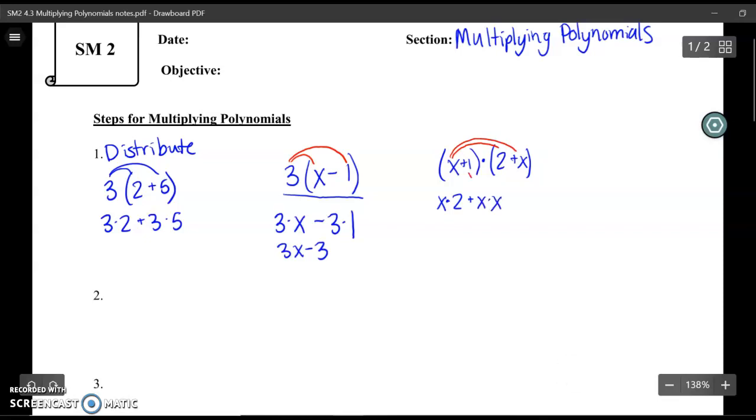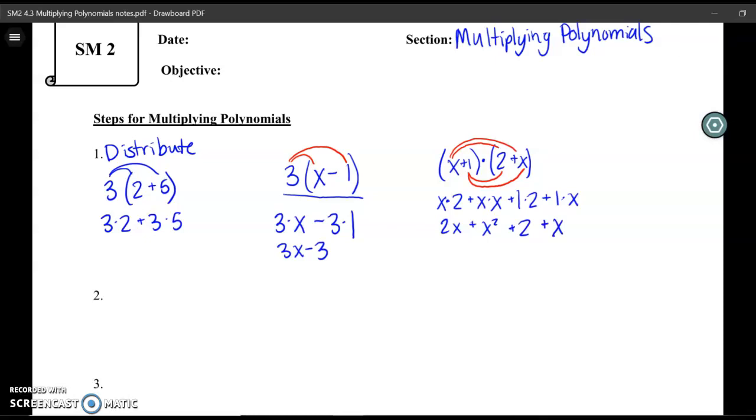And then I have to multiply this 1 by everything in the parentheses. That would be plus 1 times 2, plus, and my final distributing is the 1 times the x. So plus 1 times x. Okay, so I'd end up with 2x plus x squared plus 2 plus x after I distribute.